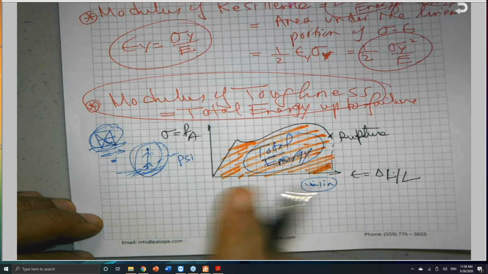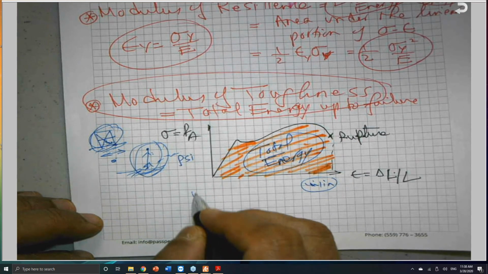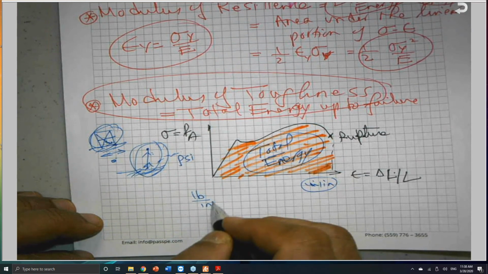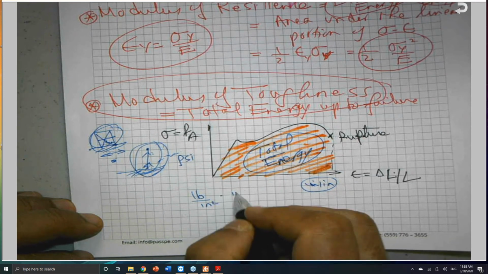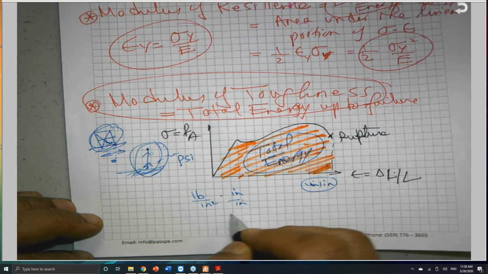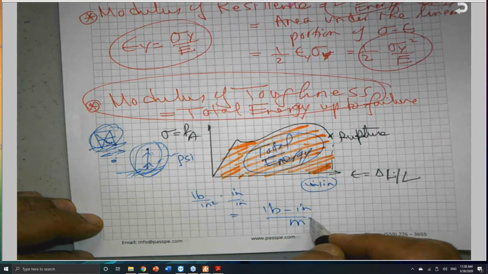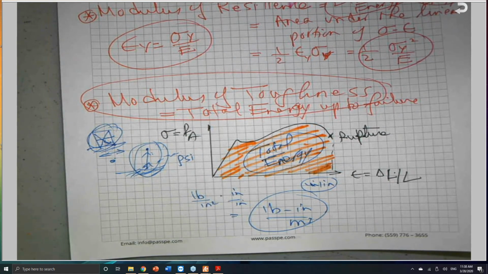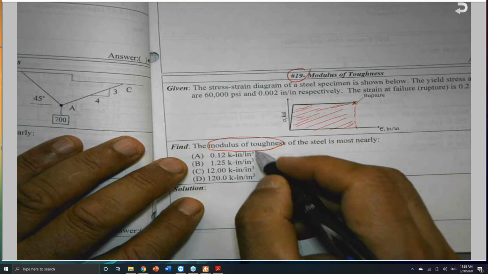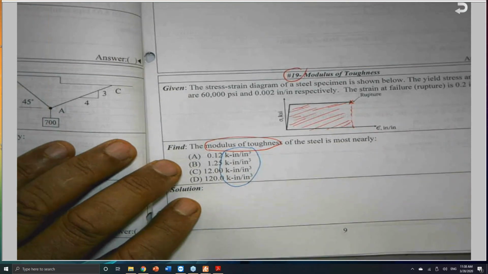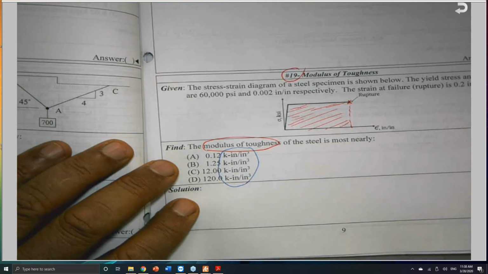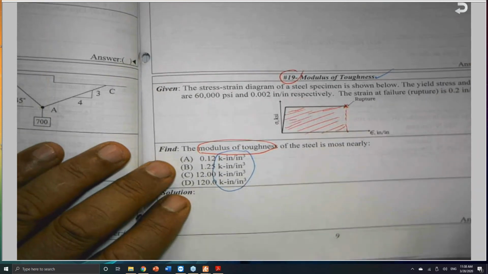If you take the area, you will find it is pound per inch squared, which is PSI, and you multiply by inch per inch. So normally we use pound-inch per inch cubed, per volume. You will find the units like this, here it is, kip-inch per inch cubed. So this is something you need to be aware of.